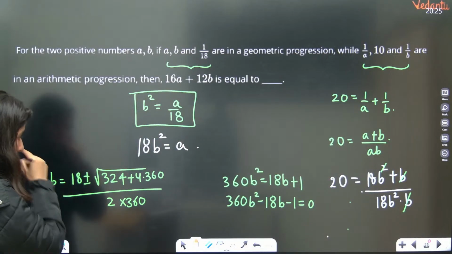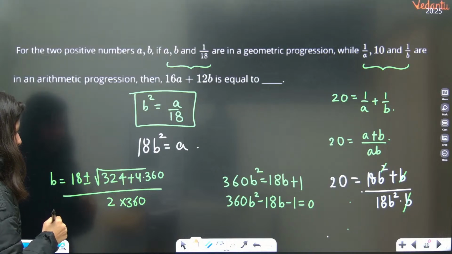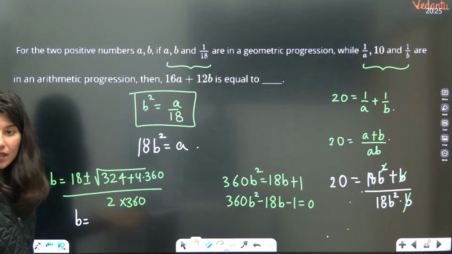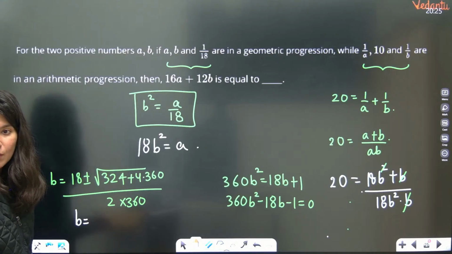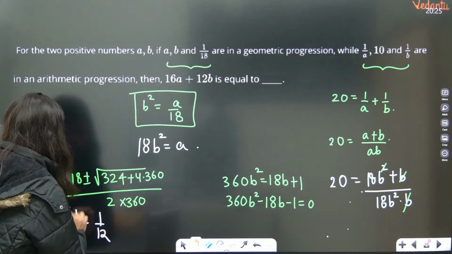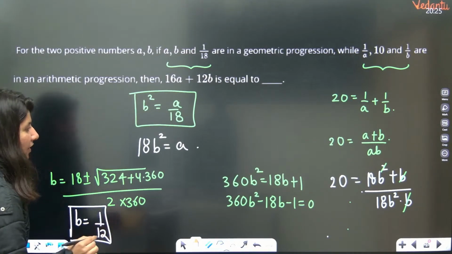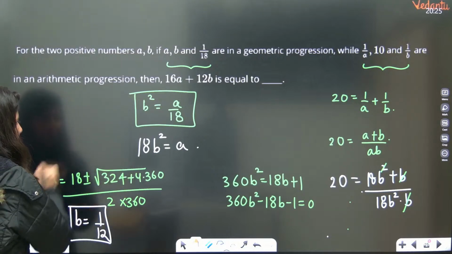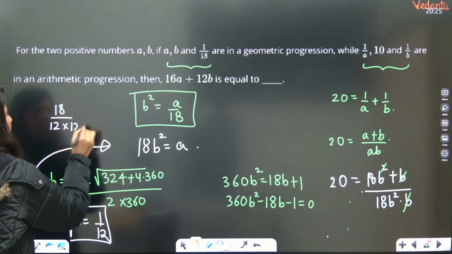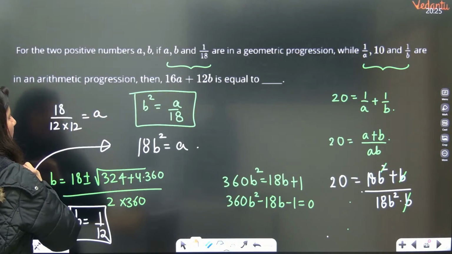Okay. So now start cancelling. If you calculate now, your b will be what? If you want to take the positive number, b will be 1 by 12. b from here is 1 by 12. The moment you put b as 1 by 12 in here, 18 upon 12 into 12 is your a. Correct?